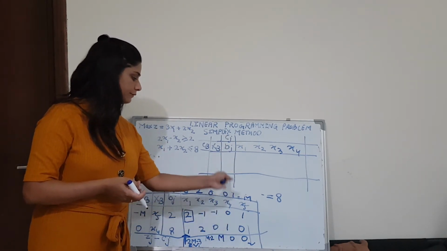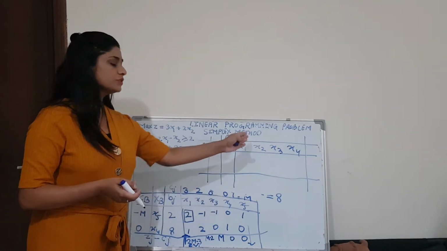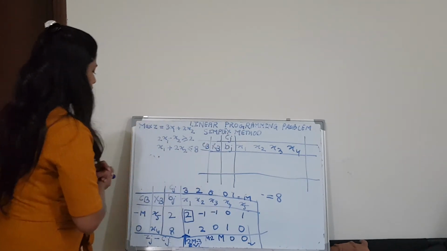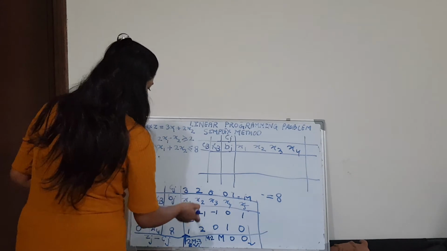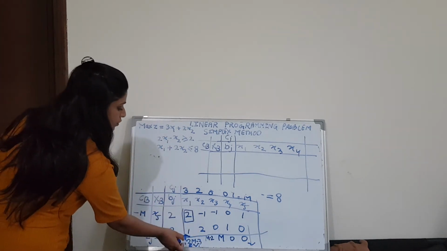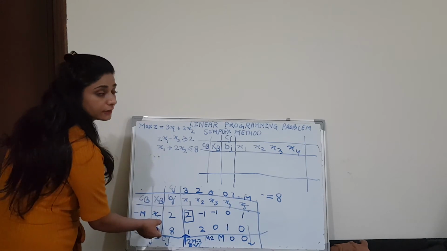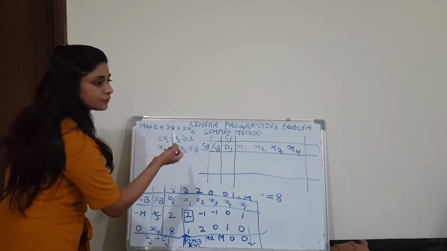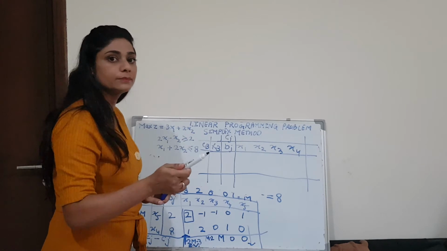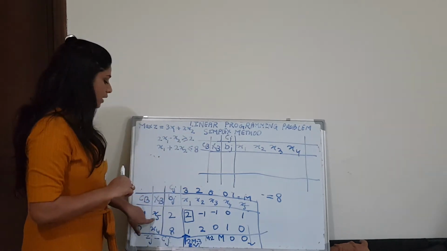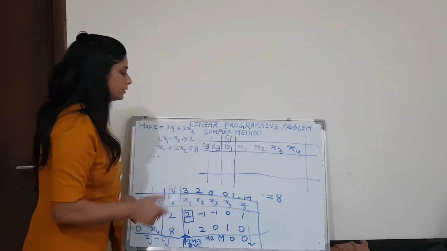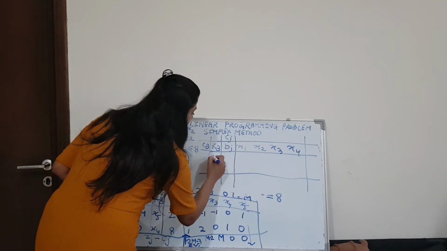We have only 4 columns in the new simplex table. Now start. The entering vector is from x1. So in place of x5 we will write here x1 because we are getting the entering vector from the first column. x1.